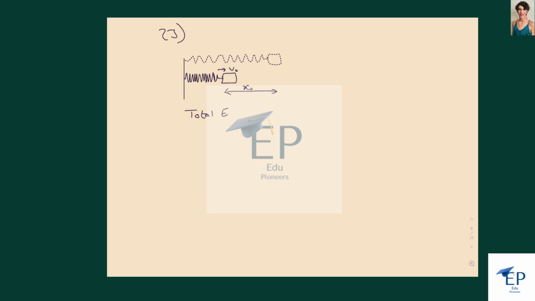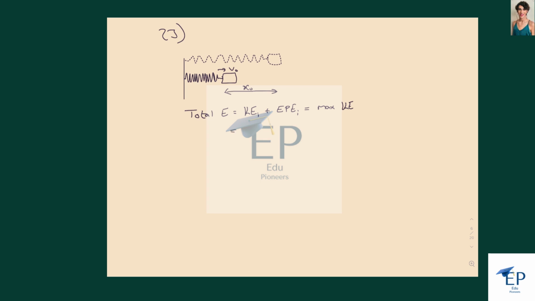So total E beforehand is going to be equal to the kinetic energy initial, so the initial push that it's given when it decompresses, plus the elastic potential energy initial, and that will then convert to a maximum kinetic energy.